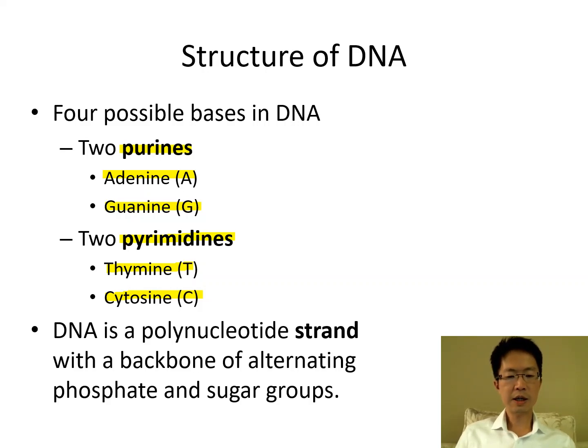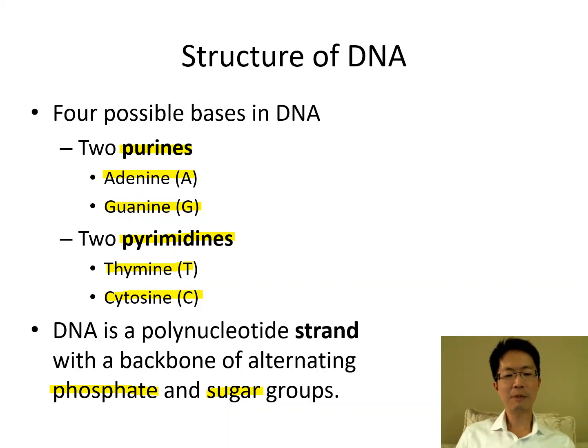So DNA is a polynucleotide strand. That means a polymer. They form a strand. It's a macromolecule with the backbone of alternating sugar and phosphate. Remember, the nucleotide consists of a phosphate group, a pentose group, and then a nitrogenous base. So the phosphate group and the pentose group form the backbone.